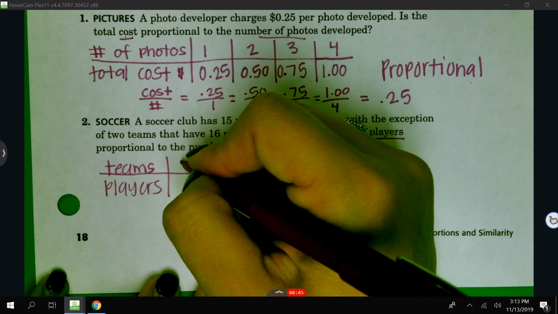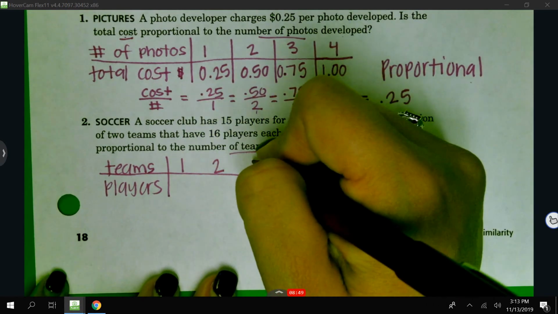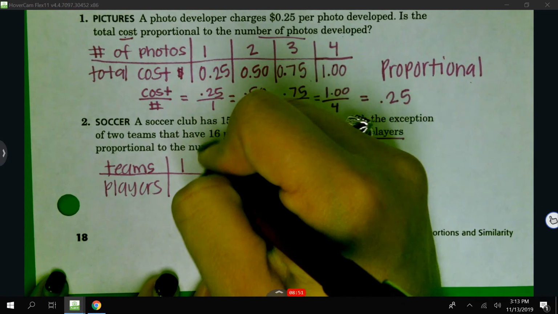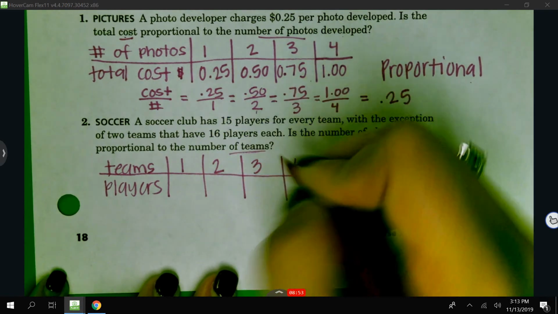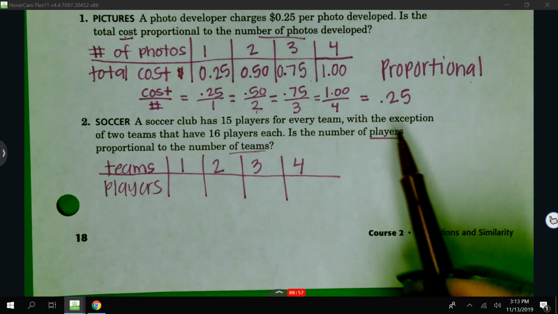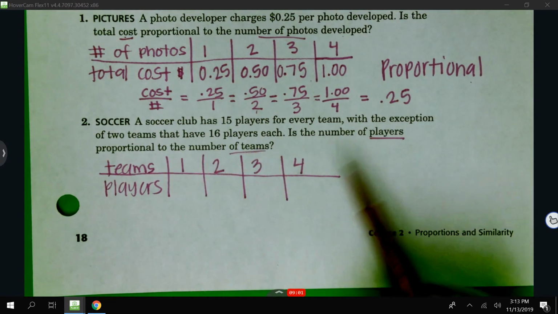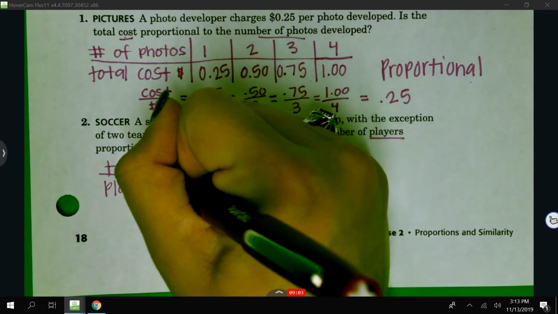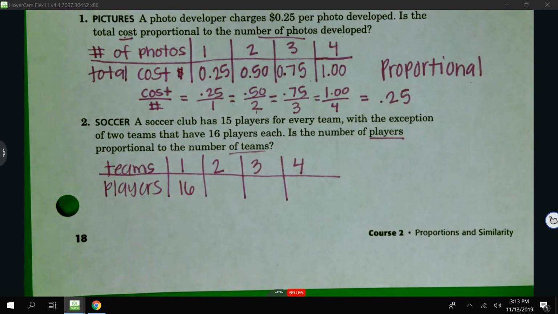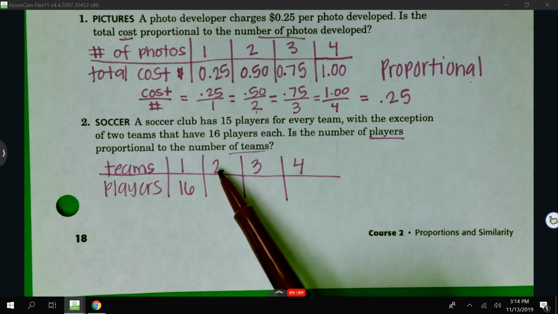So again, we're just going to go 1, 2, 3, and 4. So 1 team, 2 teams, 3 teams, 4 teams. With one team, it tells me that we've got 16 players. How do I figure out how many players team 2 has?